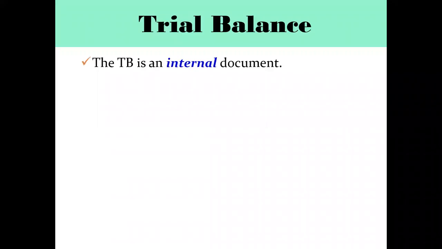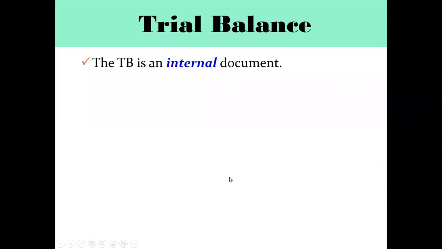Firstly, the trial balance is something that we put together internally. In other words, outsiders are not supposed to get their hands on our trial balance. They must get the end result of the accounting process. So it's an internal document.